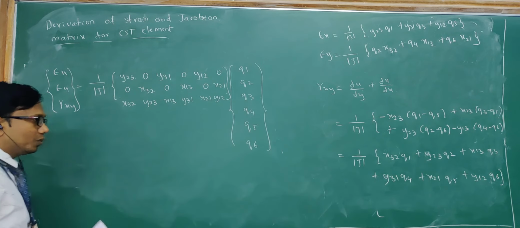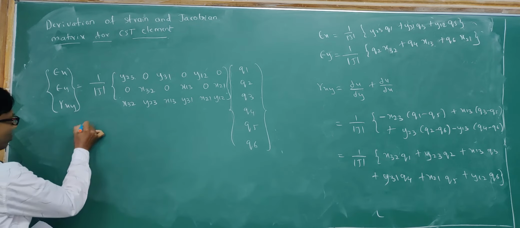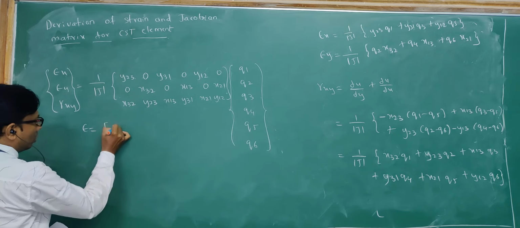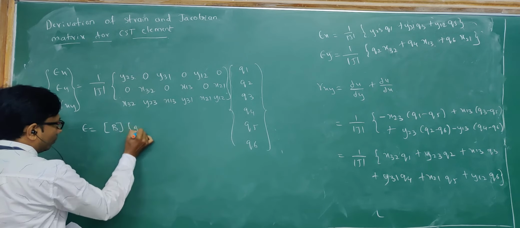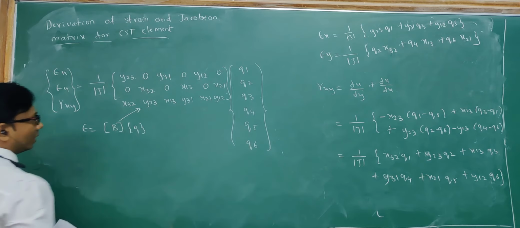If you see this strain matrix, basically from the 1D element you found that epsilon is equal to B into Q. From this comparison you can see that this will be the strain displacement matrix.